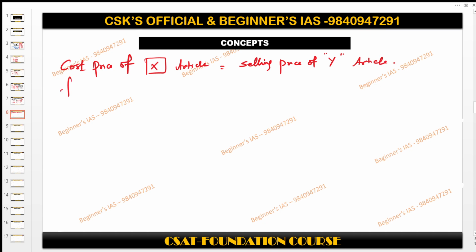They will ask you to find profit percentage or loss percentage. So here you can use the same concept. Some people will say X minus Y by Y. These things are not required. If you know this logic, whatever we have done previously, you can apply here.